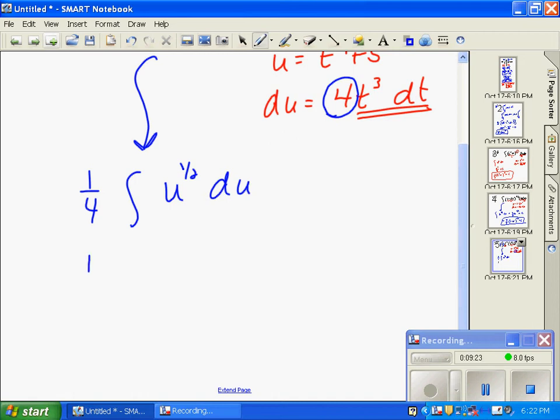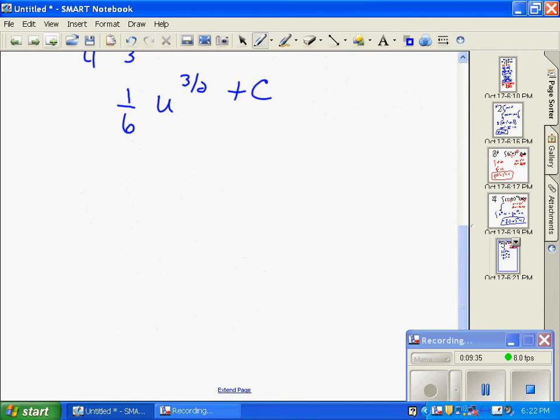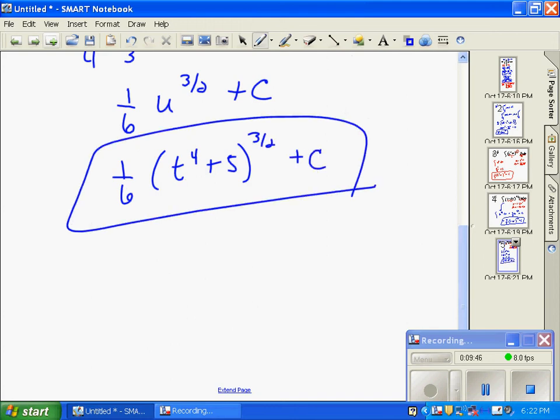So that's 1/4 times u to the 3/2 times the reciprocal, which would be 2/3, plus c. So I get basically 1/6 u to the 3/2 plus c. And then I go through and substitute back in my value for u, which is t to the 4th plus 5, to the 3/2 plus c. And that's my final answer.